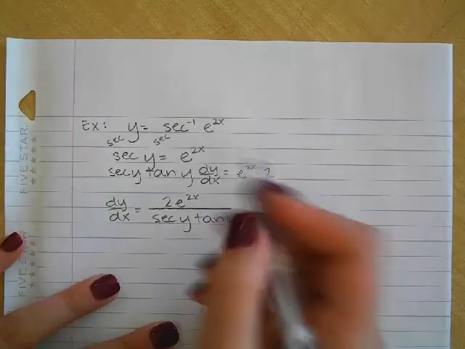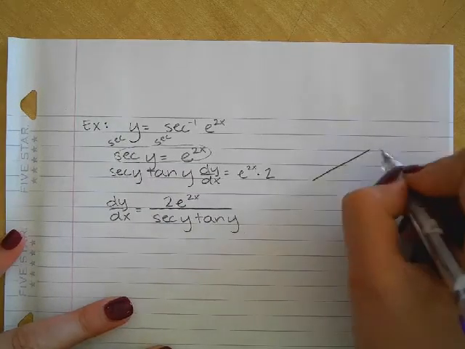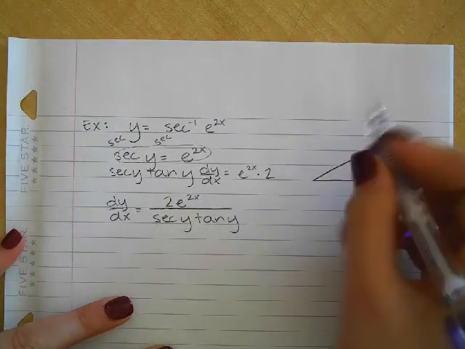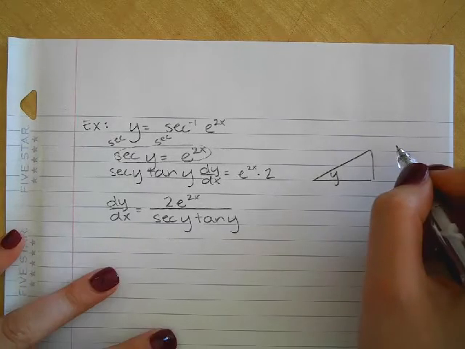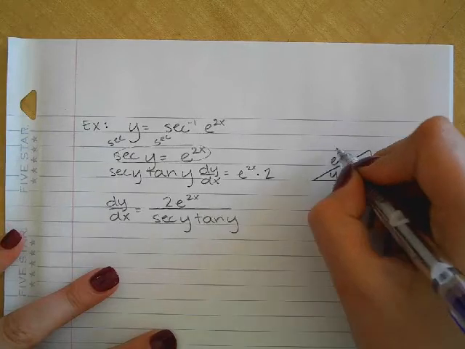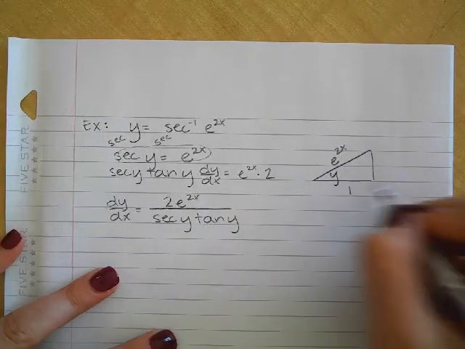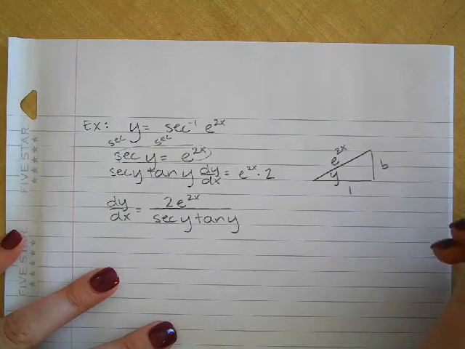Okay, so I've got my triangle to make. Cos is adjacent over hypotenuse. That means that secant is hypotenuse over adjacent. So e to the 2x over 1. And again, this is that b side.